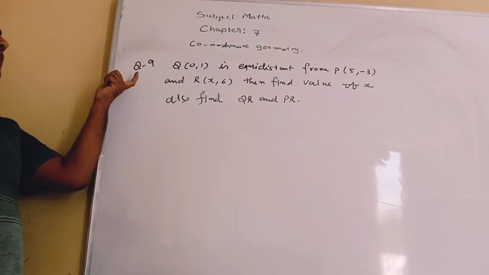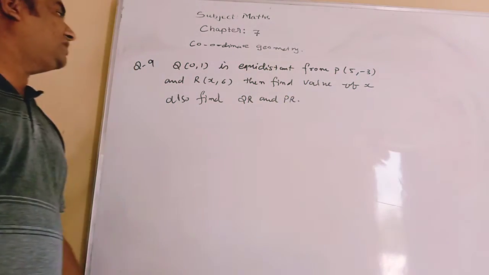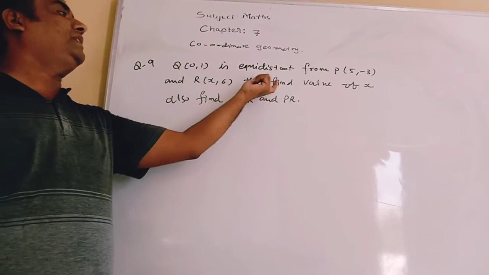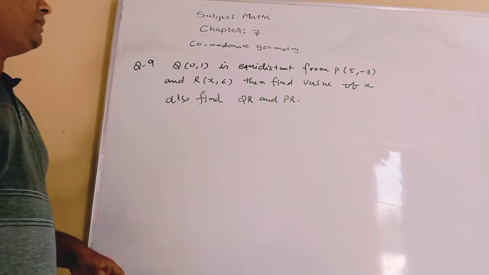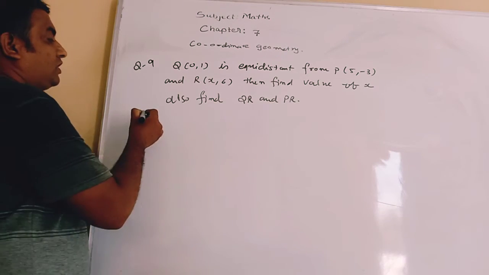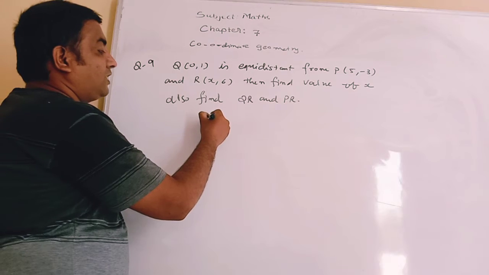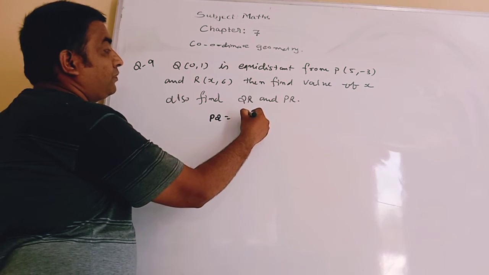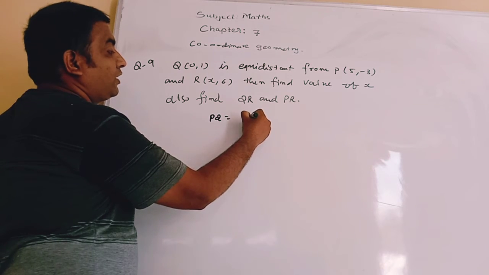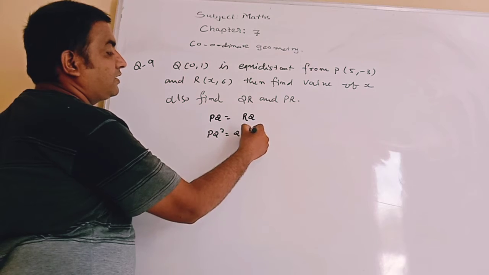Now question number 9. We have Q(0, 1) equidistant from P(5, -3) and R(x, 6), then find the value of x as well as find QR and PR. So here Q(0, 1) is equidistant from P and R, so PQ equals QR. So PQ square equals QR square.